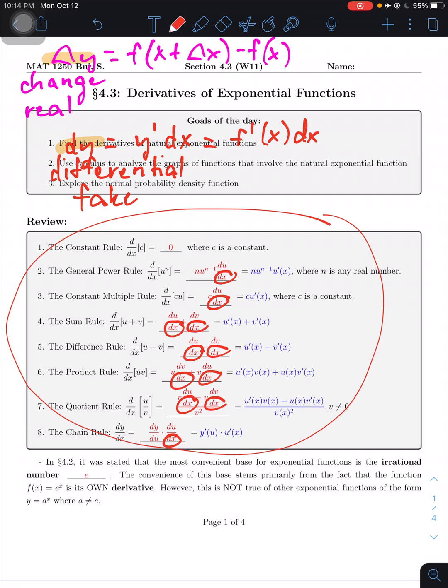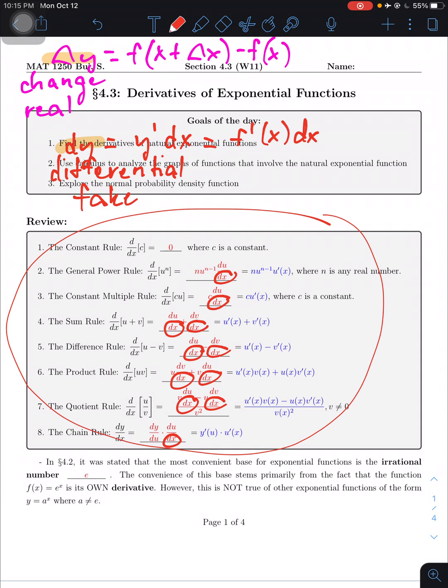We do have a definition for e, as the limit of some function, but that doesn't really matter, just a reminder. The convenience of this base stems primarily from the fact that the function f of x equals e to the x power is its own derivative. I'm going to put it in a box on the next page.